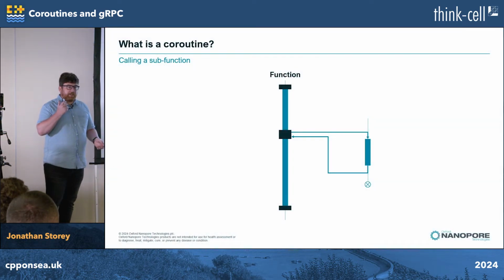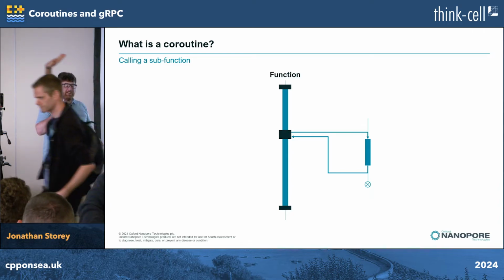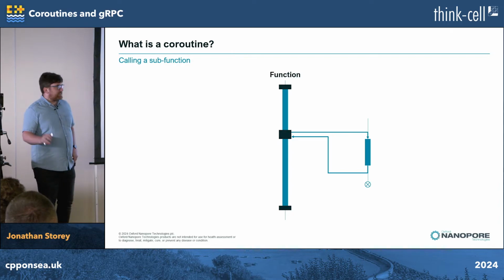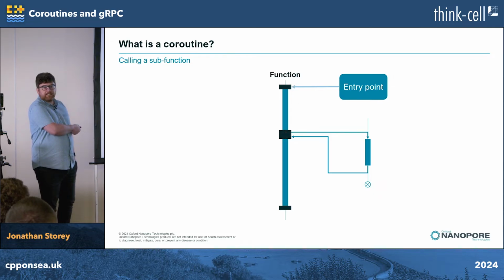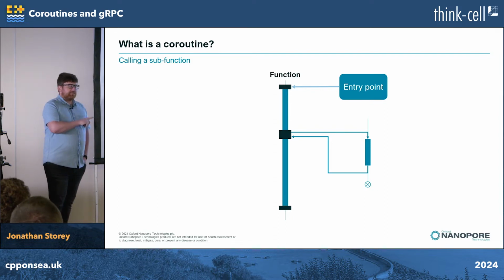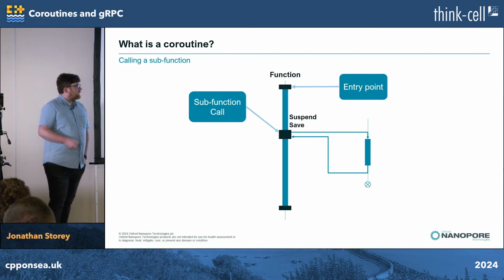So, who here has written a function that calls another function? Hands up. Great. You know what I'm going to say. You've got a function that you're writing, and you start executing your function at the entry point. The function executes until you call your subfunction, at which point the parent function is suspended and its state is saved.